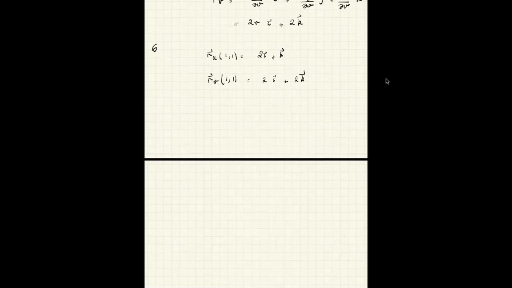Now, I need to find a normal vector to this plane. A normal vector to this plane is given by the cross product.